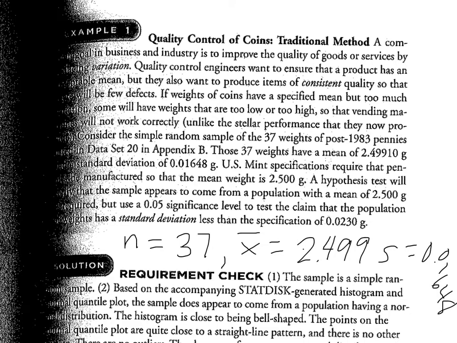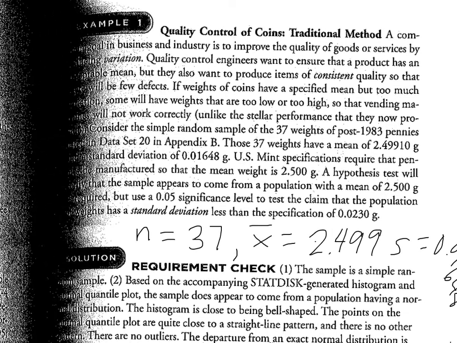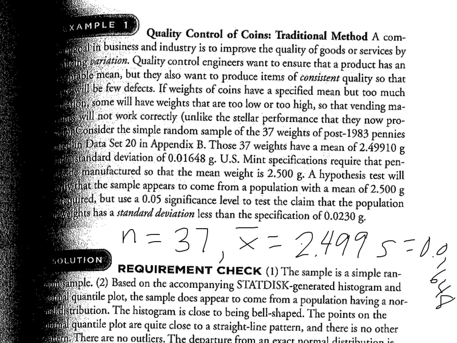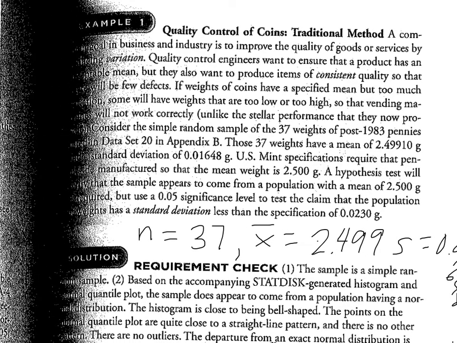They want us to test the claim that the population weights have a standard deviation less than the specification of 0.023 grams.